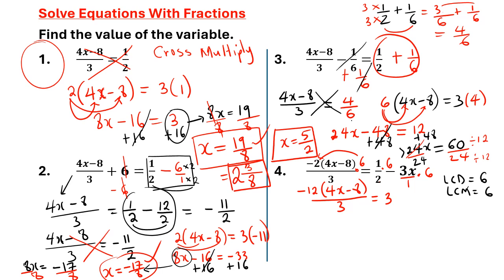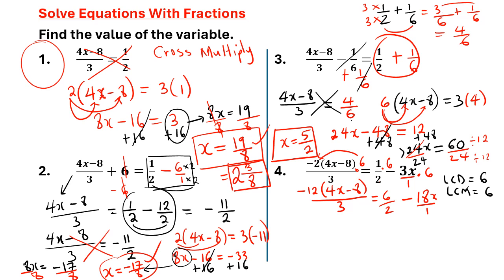Otherwise, you can just write that as 6 over 2. So if we want to be patient a little bit, that would be 6 over 2. Then minus 3x times 6, that's going to be 18x. Remember that we put it over 1, but then we just go ahead and still do that.